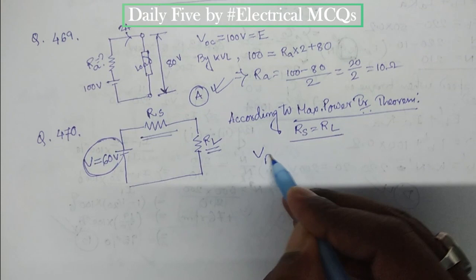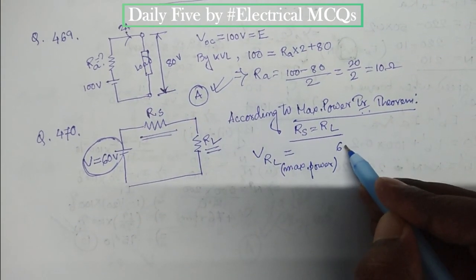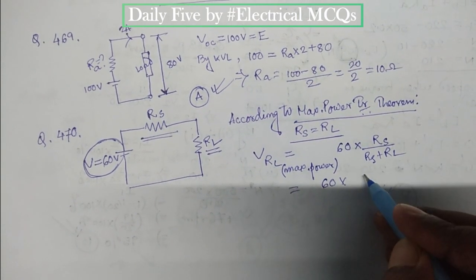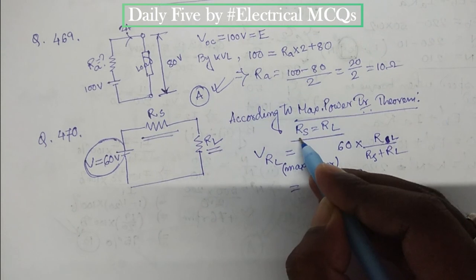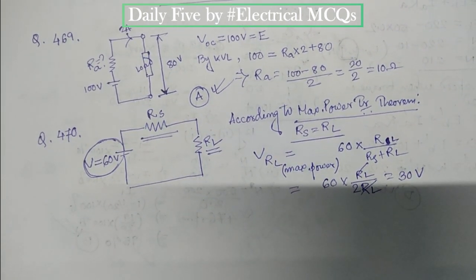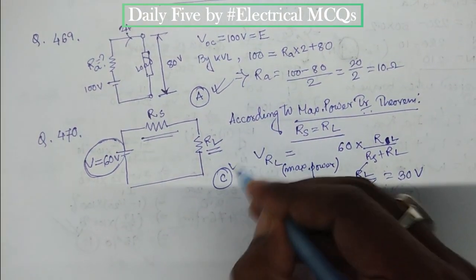So VRL for maximum power will be equal to 60 into RL by (RS plus RL), or 60 into RL by 2RL, as RS equals RL. So VRL will be equal to 30 volts. So option C will be our answer.